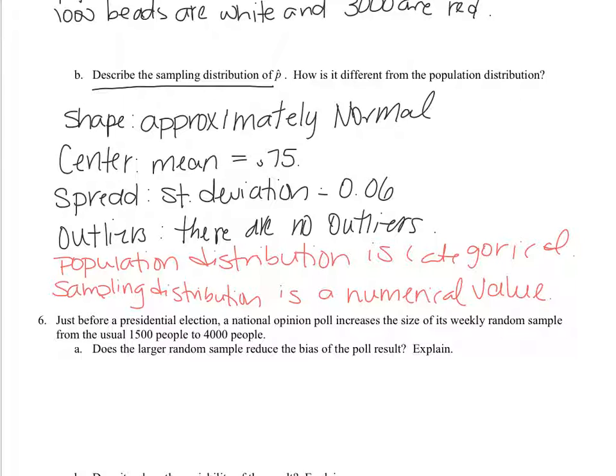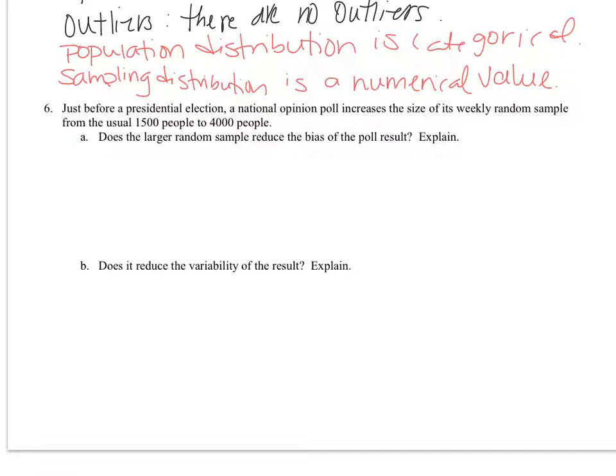Remember that the sampling distribution of p hats is the mean of all of the p hats. Those are all measurements, whereas the population distribution is a color, red or white.